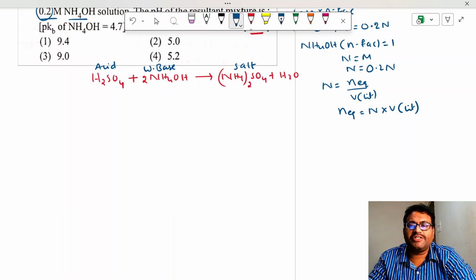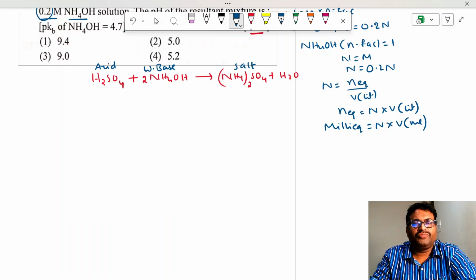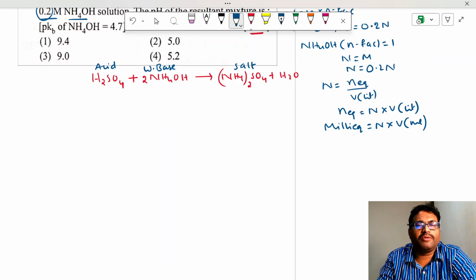If I express volume in milliliters, then I can write milliequivalents. Milliequivalents is equal to normality into volume in milliliters. So to express milliequivalents, we use the formula normality into volume in milliliters.